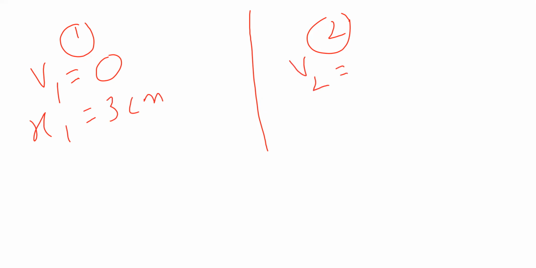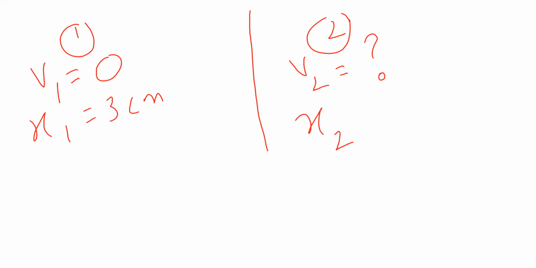At position 1, the velocity of the ball is obviously zero, since it is at rest. Next, the initial compression in the spring is equal to 3 centimeters. But when it is released and is at a position of 15 centimeters, it has, let's say, velocity v2 that we need to determine, and the compression or elongation in the spring we can figure out.